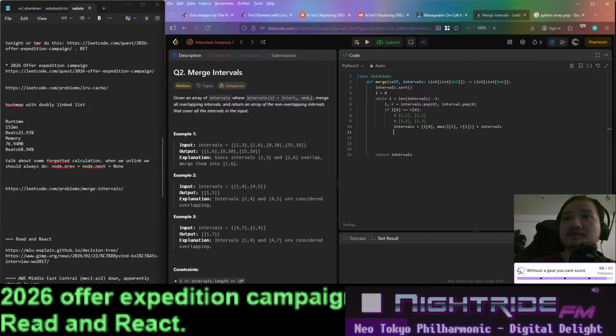So if it is not equal, then we check if this is in this range, right? So left right greater than or equal to left right 0. Can we do this in Python? I think we could.